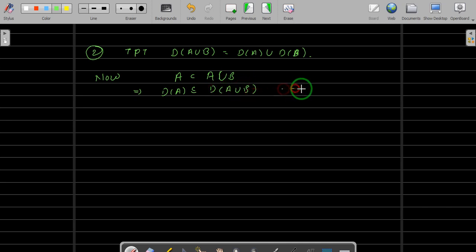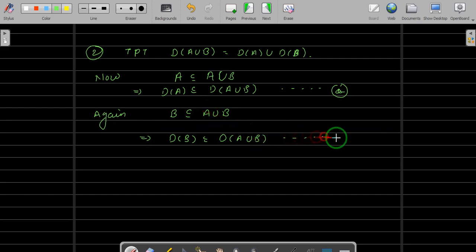The first part. Let us take this as equation A. And again we also know that B is a subset of A union B, and this implies derived set of B is a subset of derived set of A union B, right?